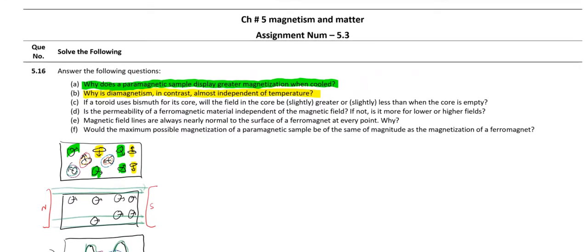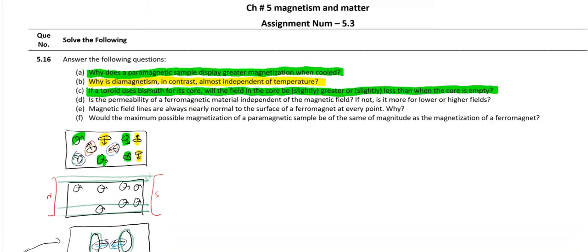Next one. If a toroid uses bismuth for its core, will the field in the core be slightly greater or less than in the empty core? Now, bismuth is a diamagnetic substance, so what happens?